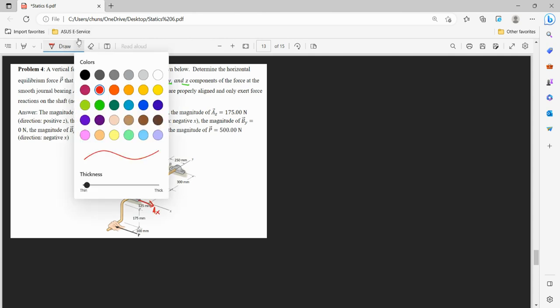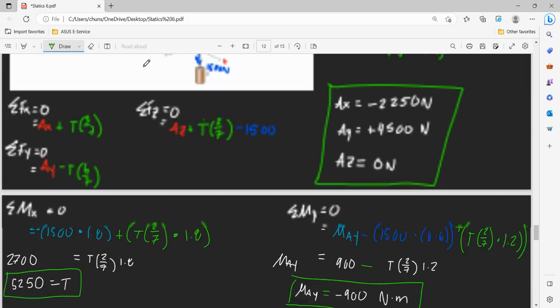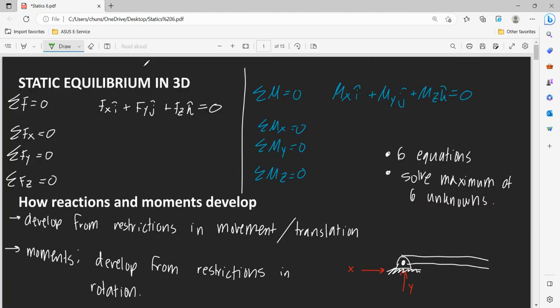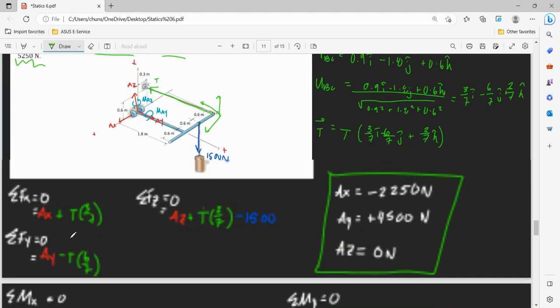And for B, a thrust I believe we can't move through, so let's just check. Oh, single thrust bearing, let's see. So yeah, this is as if it were fixed at the end, so we can't move through. So this means we develop 3 reactions.